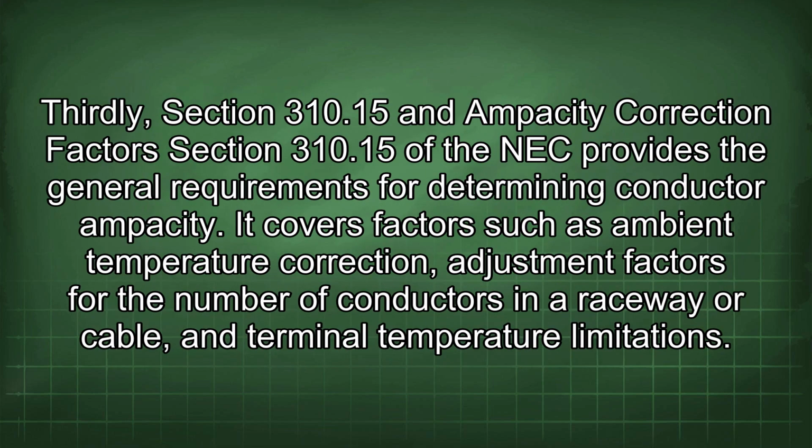Thirdly, Section 310.15 and ampacity correction factors. Section 310.15 of the NEC provides the general requirements for determining conductor ampacity. It covers factors such as ambient temperature correction, adjustment factors for the number of conductors in a raceway or cable, and terminal temperature limitations.